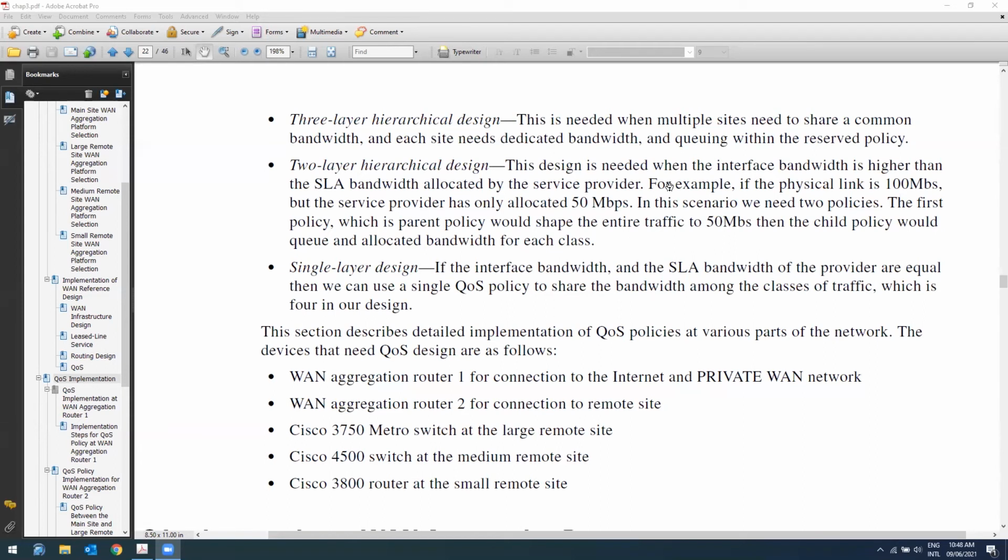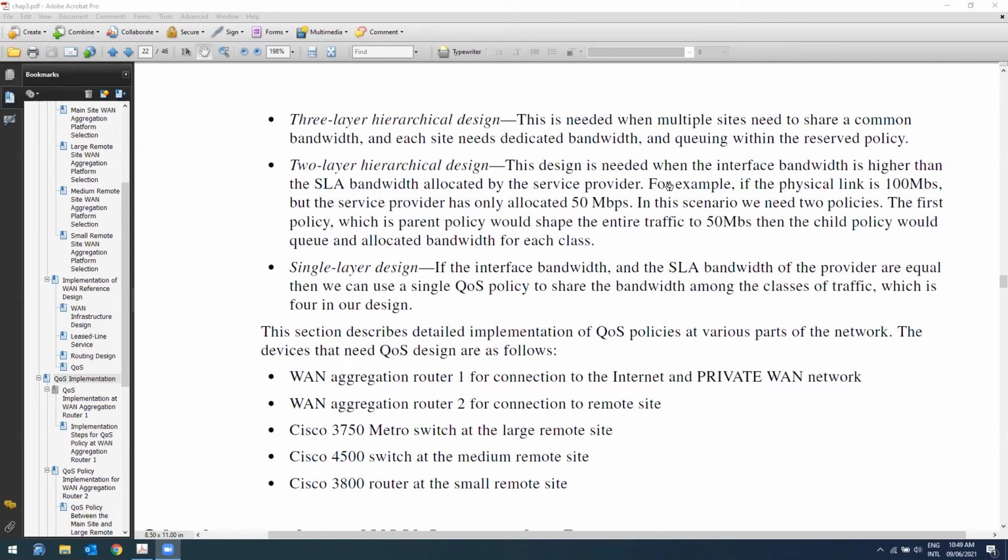Parent policy and the child policy that will queue, deciding which one will go when, so that they can use that 50 Mbps. That 100 is broken down into two, because that is your requirement, and at one time it can only cater for 50 Mbps. So what will it do? It will queue. This one go, this one go, this one go. That is how it'll make up that 100.